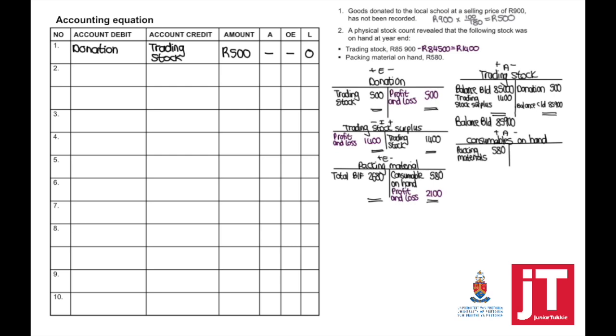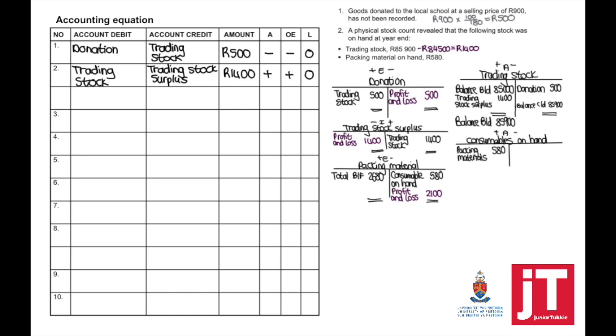Liabilities, nothing. Adjustment number 2, first, it was the trading stock that we needed to calculate, was there a surplus or deficit? To indicate that, account debited, trading stock, account credited, trading stock surplus with 1,400. Assets plus, income will have a positive effect on the owner's equity. Liabilities, nothing.